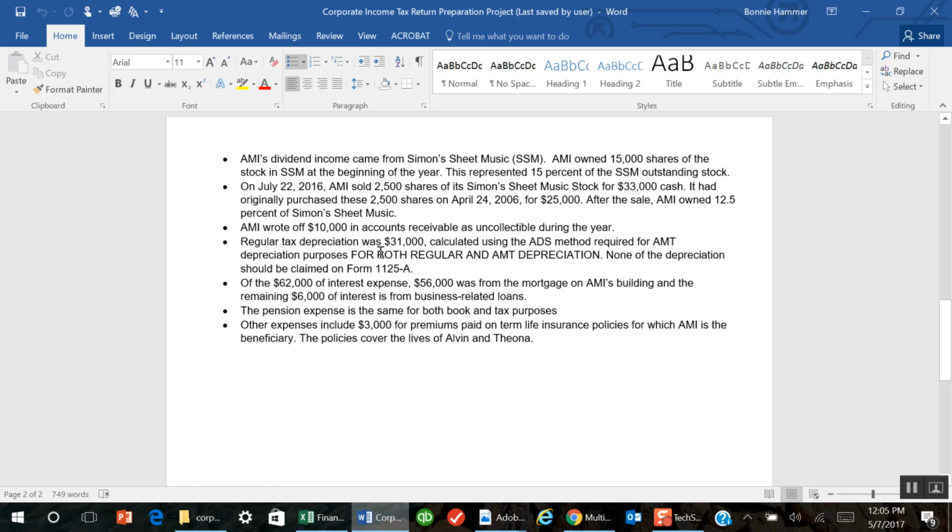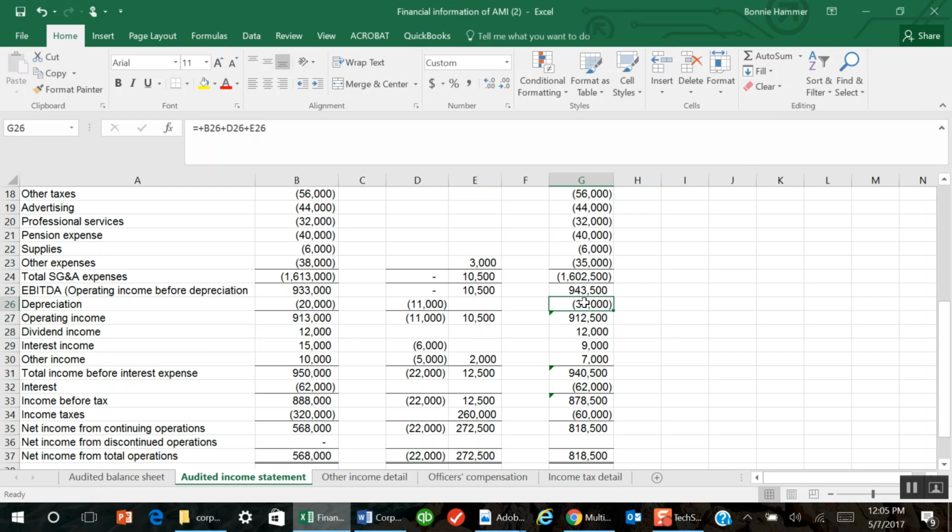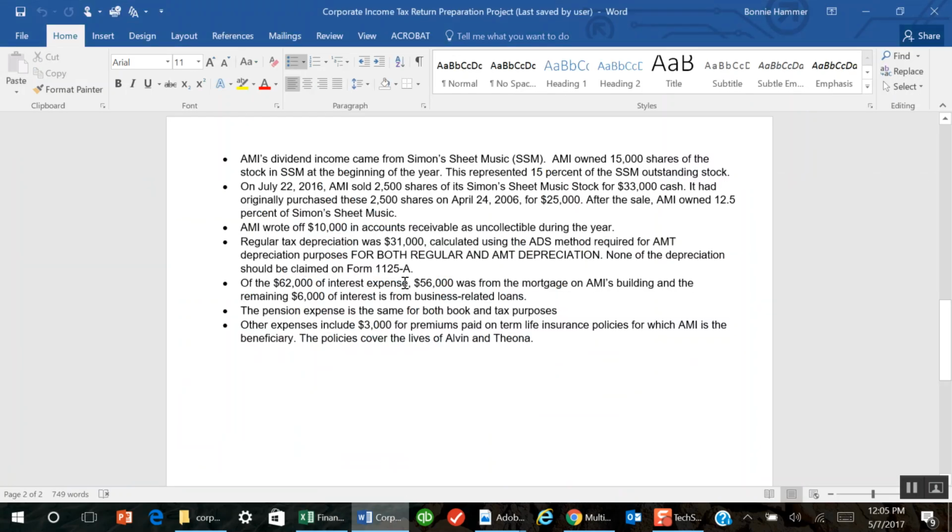Right now, you know that if tax depreciation, which is what goes on my tax return page 1, is going to be 31 and my book is 20, that means I have an $11,000 M1 adjustment to make. I also told you in the details that for both regular and AMT depreciation, the amount is $31,000. So therefore, you don't have an AMT depreciation adjustment.